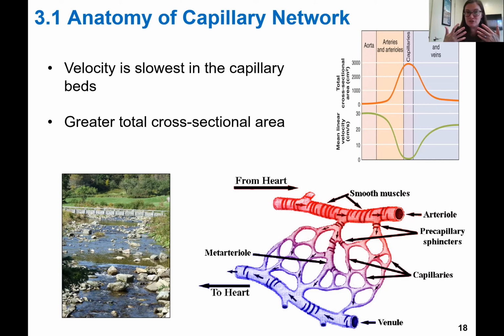And this is analogous to a riffle zone in a river. I don't know if you guys have ever come down to Austin and gone tubing, it's super fun. When you go through a chute on your tube, you go fast. But then if you get into places where the riverbed widens out and gets real shallow, you go real slow on your tube. You can think of the same thing in your arteries, in your aorta and your large arteries.